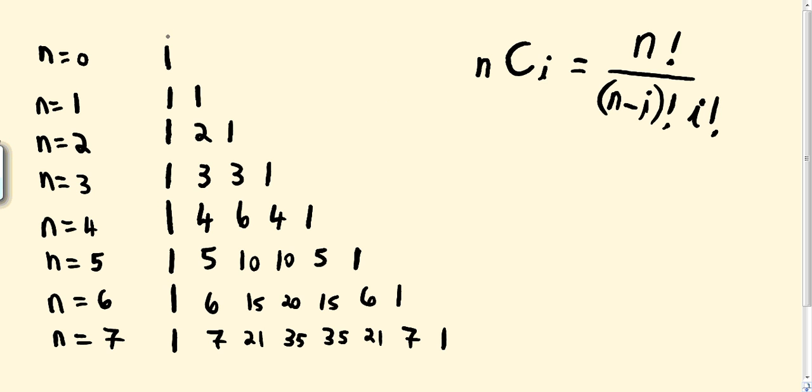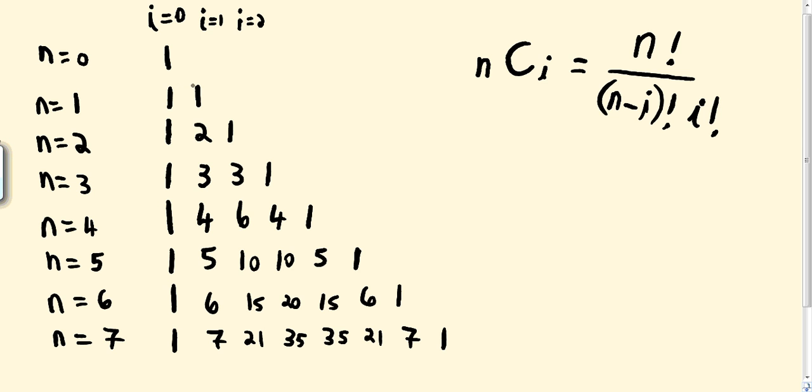Let's actually label these. Let's call this one here I equals 0. That's my first column. The second column, I'll call it I equals 1. Third column, I equals 2, and so forth.